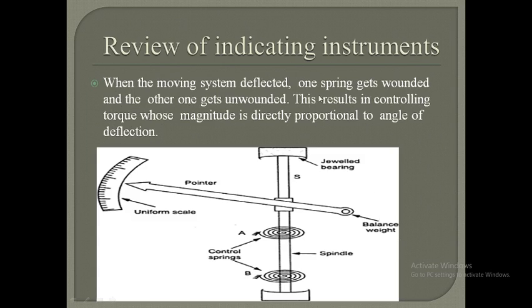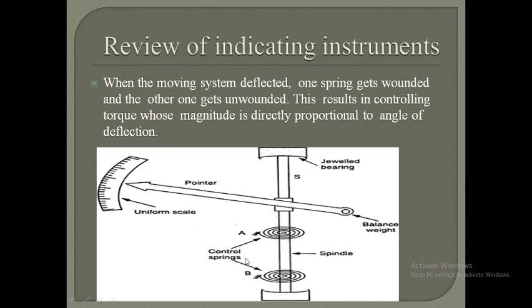Now next, when the moving system is deflected, one spring gets wound and the other gets unwound. This results in controlling torque whose magnitude is directly proportional to the angle of deflection. As I told you, this spindle is there and two springs are connected there.